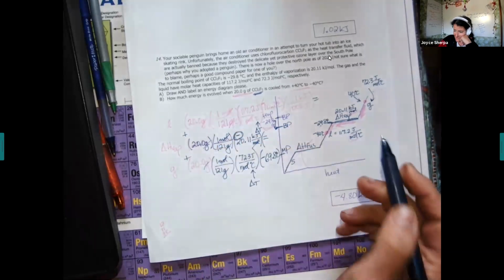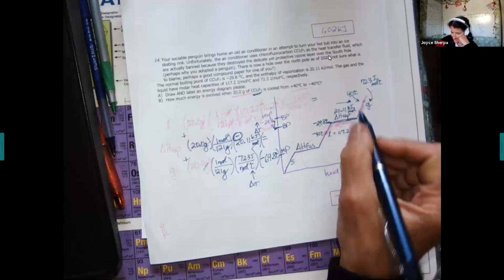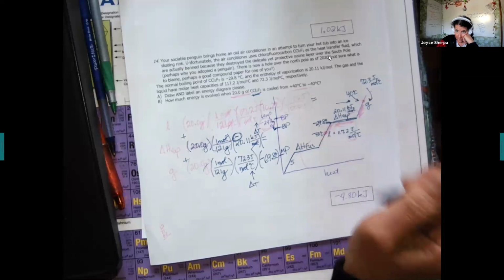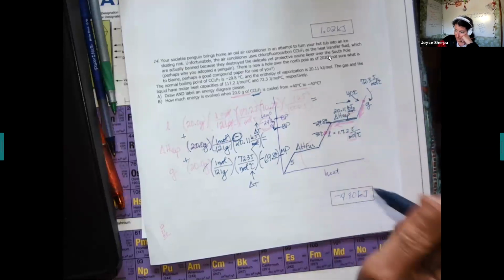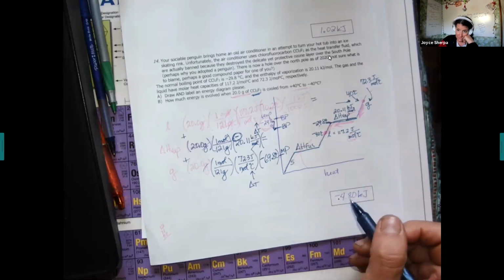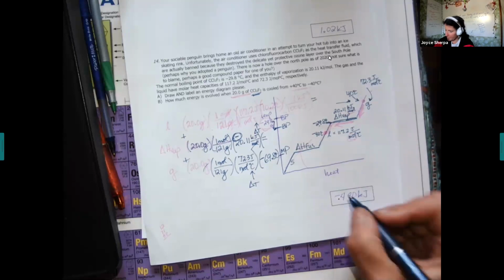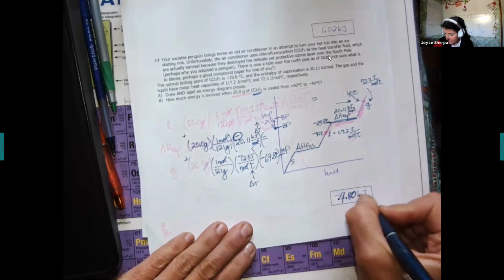So if you guys remember when we did heat, if it's positive going in this direction, then it's going to be negative because we're going backwards on this curve. So all of your answers are going to be negative. And so that's why my final answer is negative. Or you can just do it in the positive direction, like we always do, and then change your answer to a negative. But the answer is around negative 4.8 kilojoules.